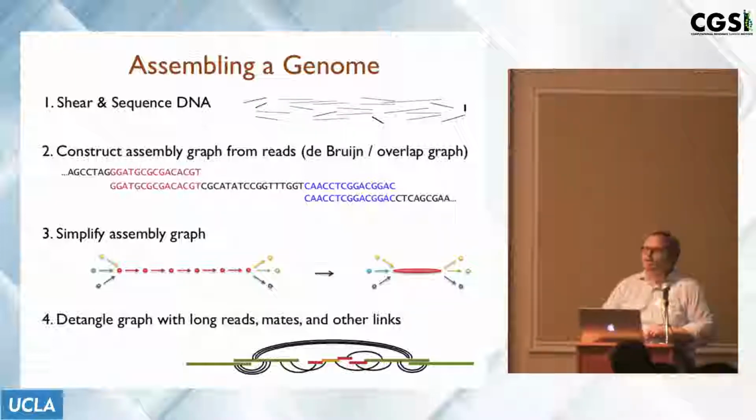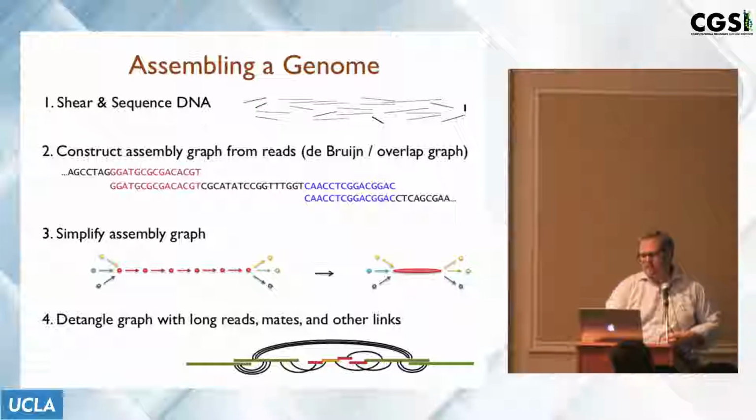In the same way that we can simplify the de Bruijn graph, we try to simplify this graph. That'll give you an initial set of contigs, and then either we're done, or we try to bring in some other data, so mate pairs, optical mapping, Hi-C, 10x Genomics linked reads, some other data to be able to assemble entire chromosomes.